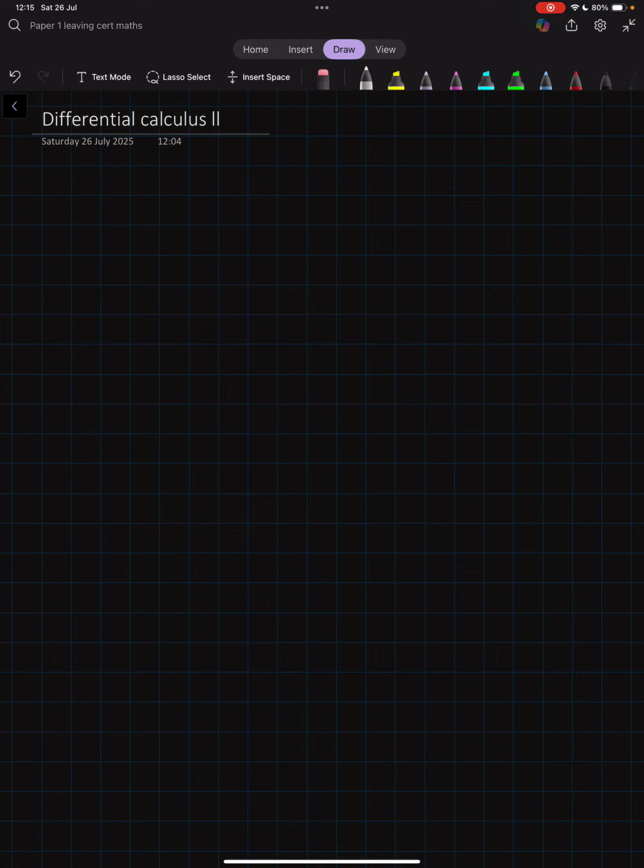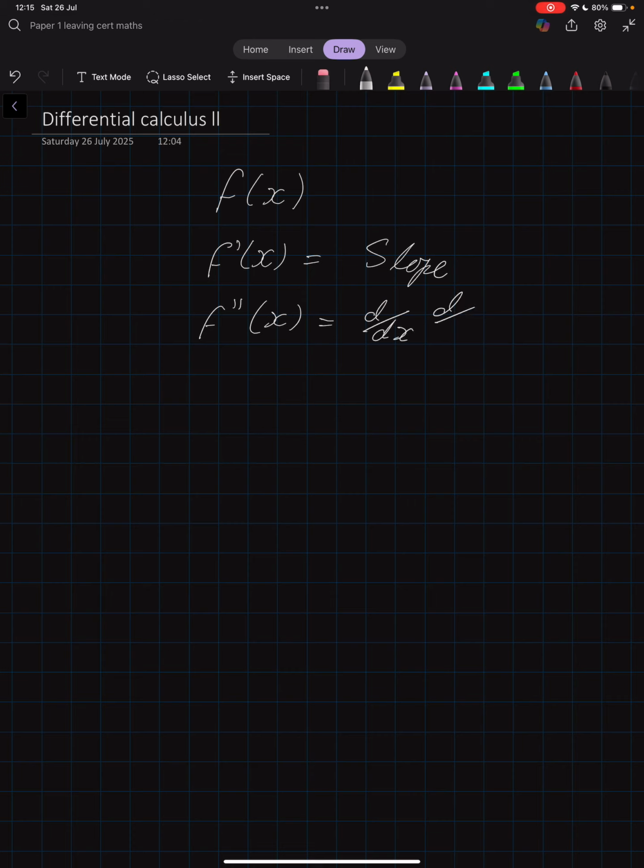So if I have a function f of x and I get the derivative, this is the slope. But what happens if I take the second derivative? This is just when you do d/dx of f'(x), so you differentiate it twice.